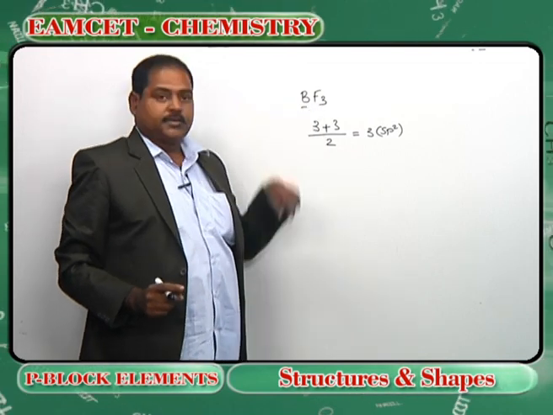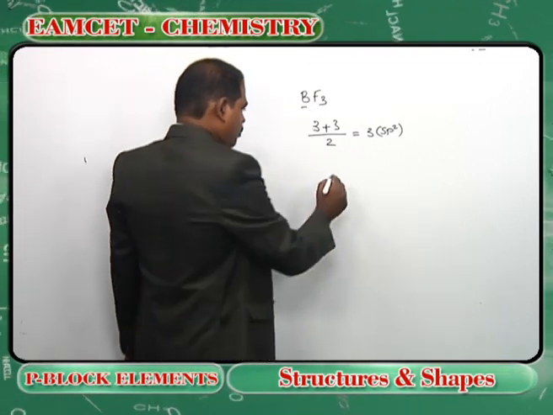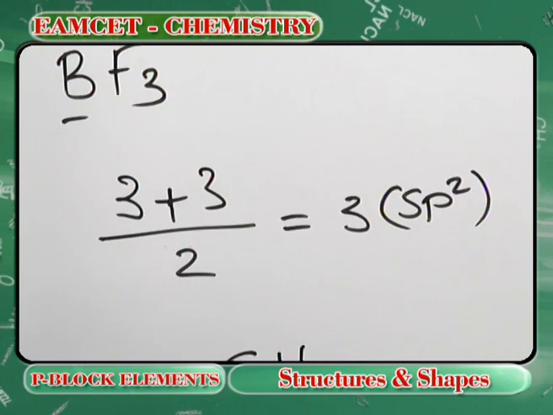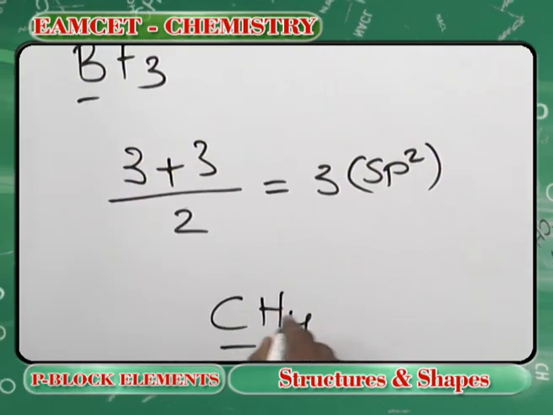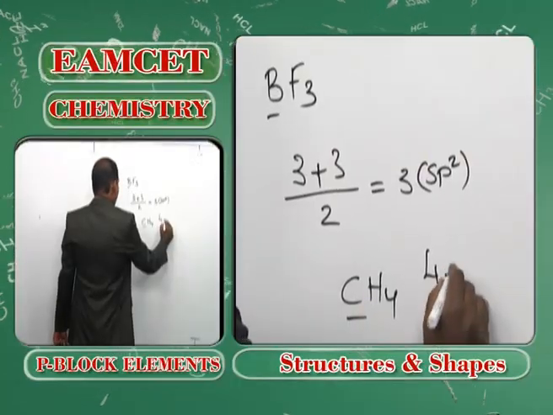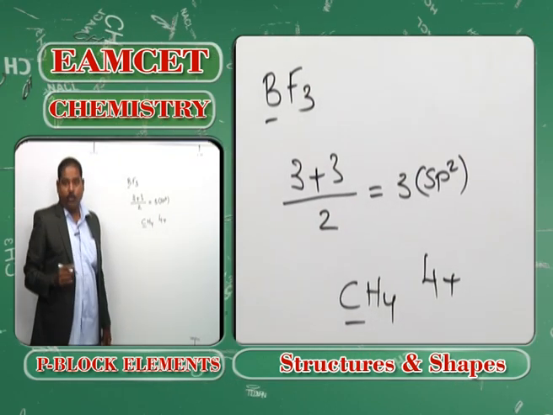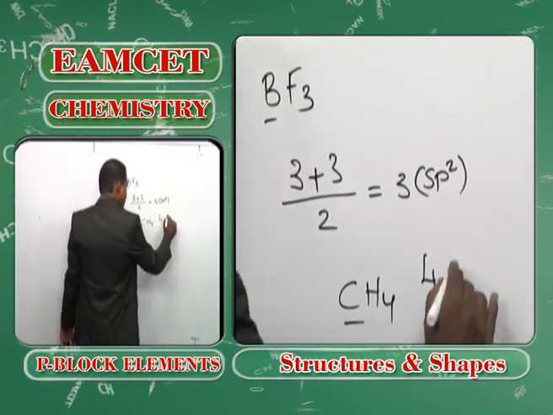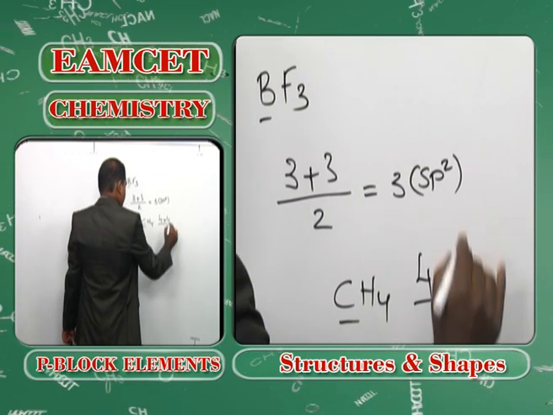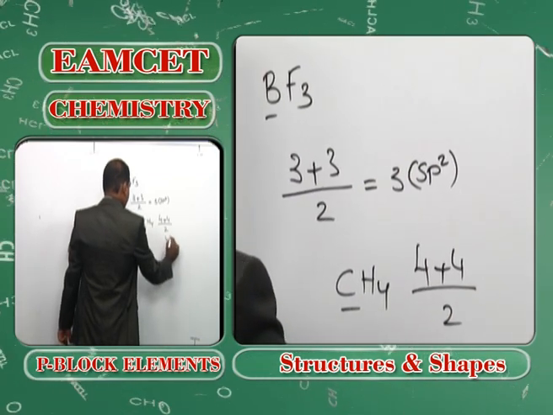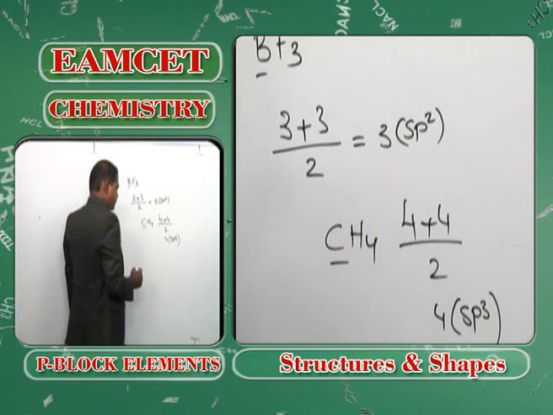How about carbon in methane? Carbon belongs to fourth group with 4 valence electrons and 4 hydrogens. So, 4 plus 4 by 2, which is nothing but 4, and you get sp3 again.